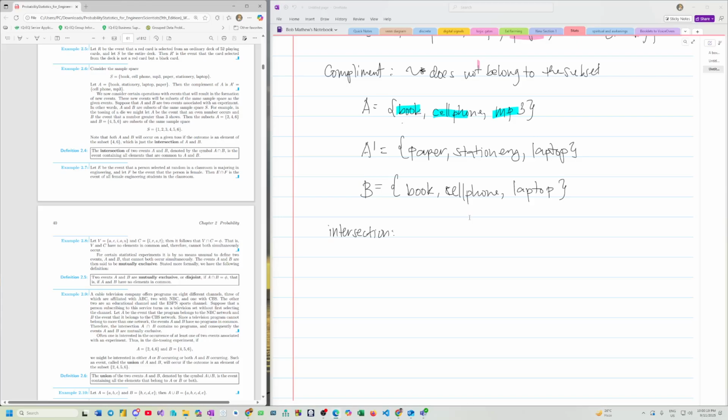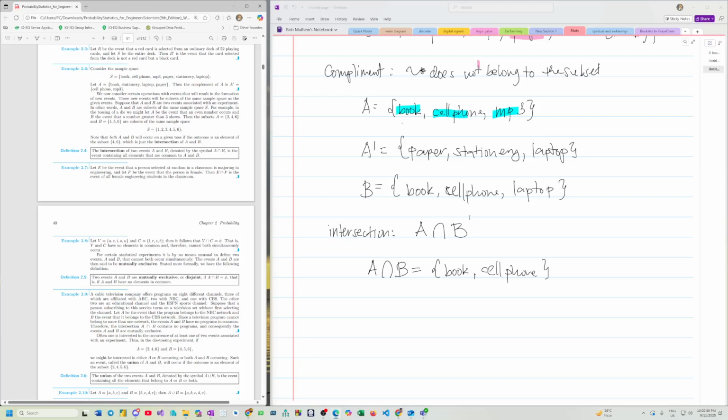We are looking for what is common between the two sets. So for this example, A intersection B: what is common between A and B? We have book and cell phone.